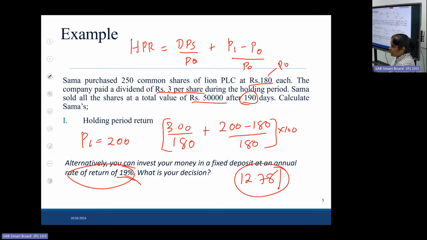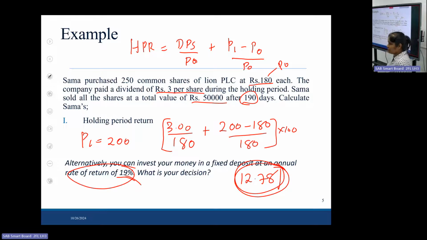Because normally commercial banks and the central bank express their rate of return as a rate of return per annum. That is the practice. So this is 19% per annum, but this 12.78 is for your holding period. These are on different bases, so you cannot compare them.